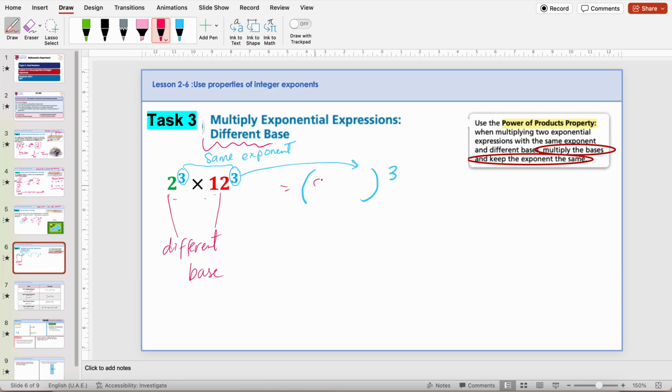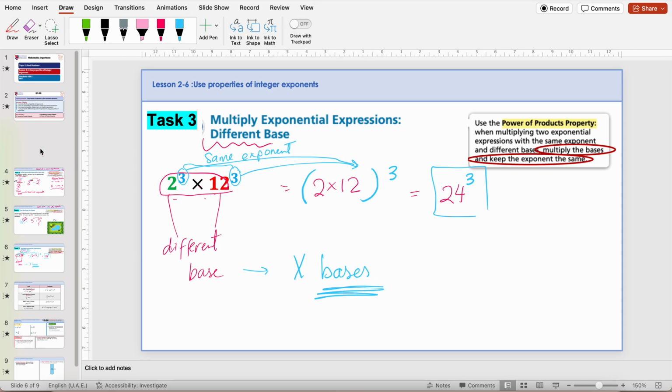The bases. 2 times 12. Just multiply the bases and take the exponent out. Okay? So you can gather out the exponent for these two multiplication. So just multiply 2 times 12 is 24, all to the power of 3. That's it. So what do we do if I have different base? Multiply the bases.